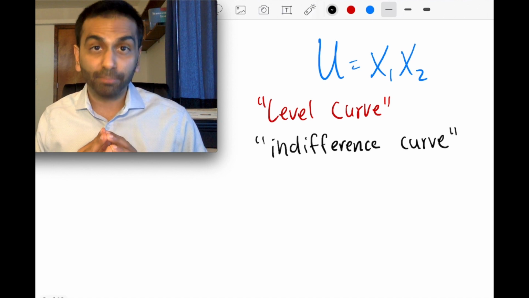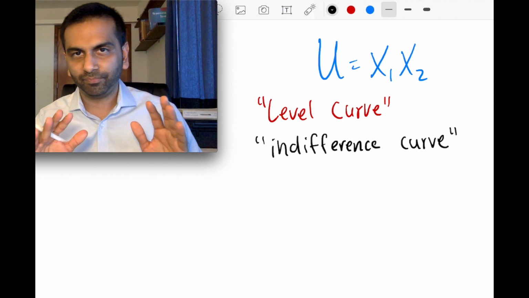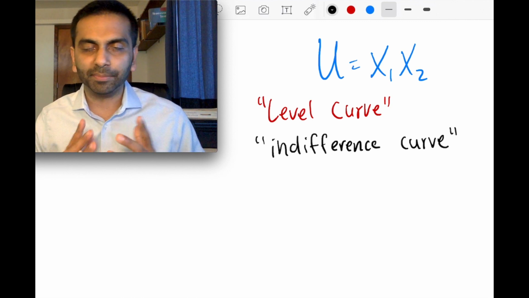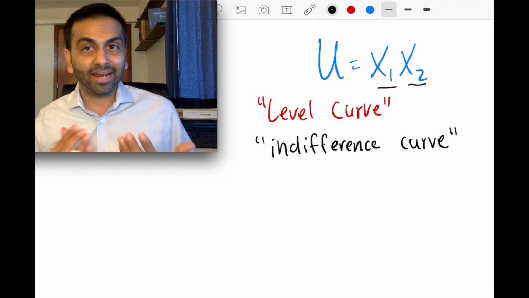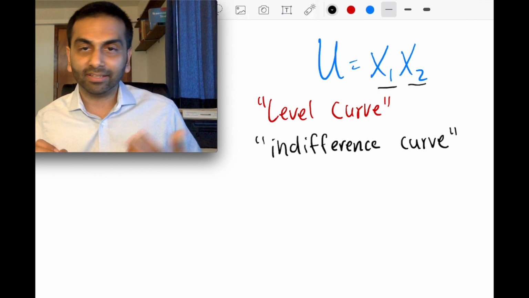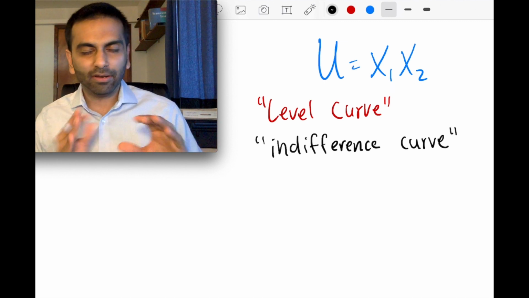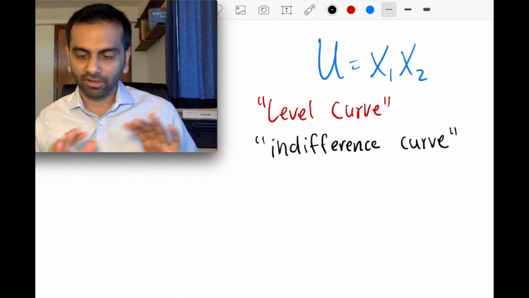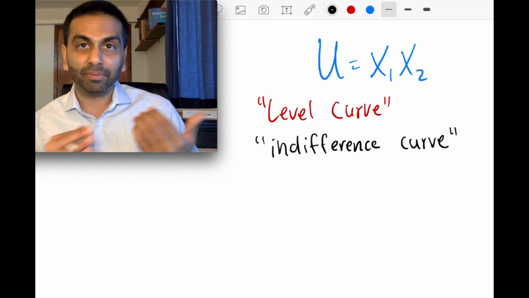It's saying that suppose your utility value is fixed. Instead of all this being a variable, you're just saying, let's look at all combinations of apples and bananas that give me exactly, let's say, 25 units of happiness. And all such combinations is called an indifference curve because you're indifferent between all of those bundles.